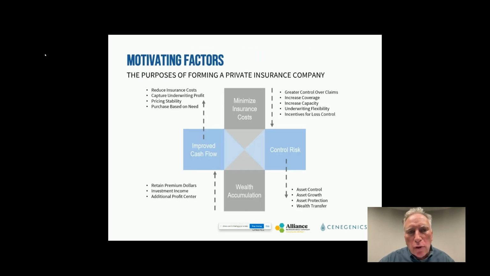This slide just basically shows the motivating factors to turn on or launch a private insurance company. I've touched on several of those. One is to minimize your insurance cost. So once you turn this on, you're self-insuring some of your risk. You can go over to your commercial P&C and adjust that. You can raise your deductible and lower your premiums. That's done all the time. Control risk. It is insurance.